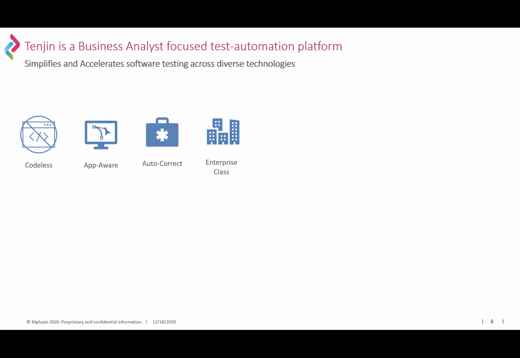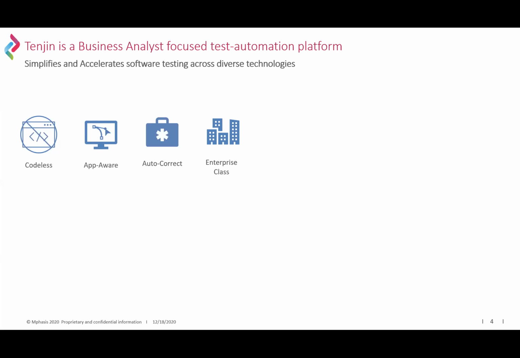The system comes app aware. There are a list of apps that we are already working with. There are other apps that we can bring into the fold. It has the ability to autocorrect, in the sense that if you add fields, if you add screens, if you add additional functionality which changes the user interface, it will rediscover this user interface on its own.